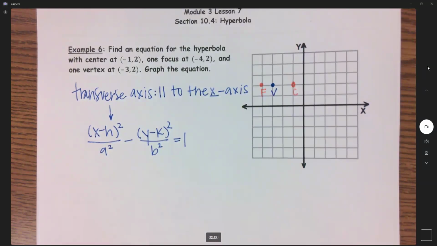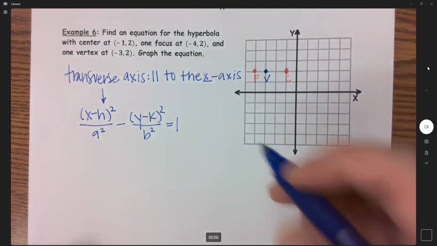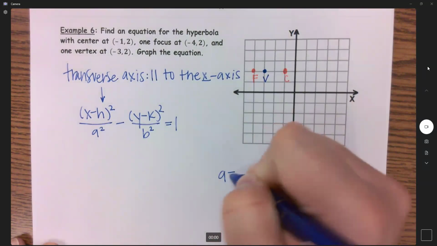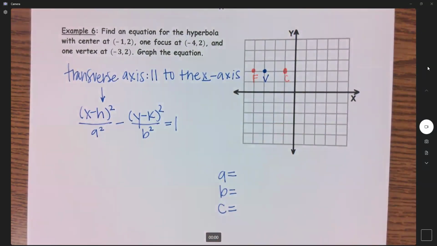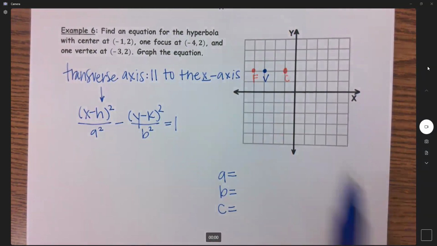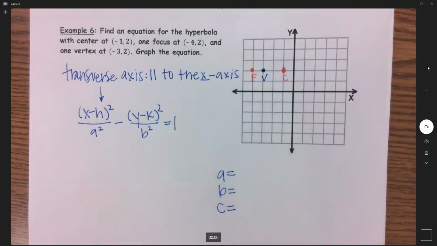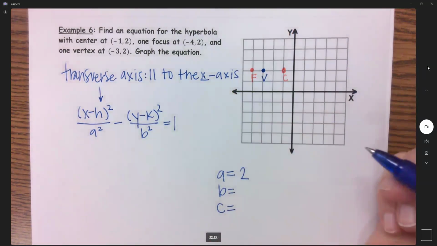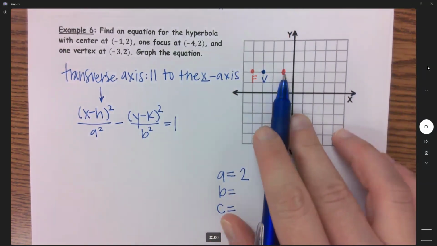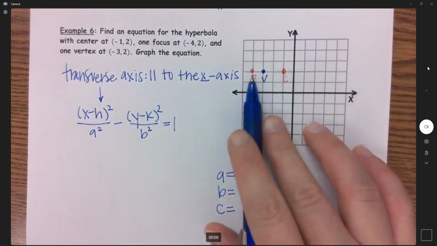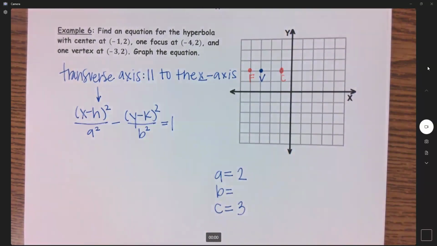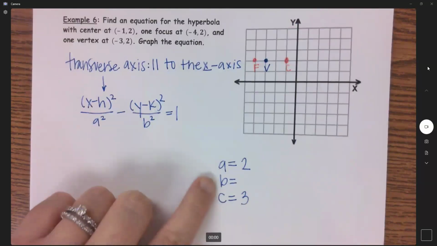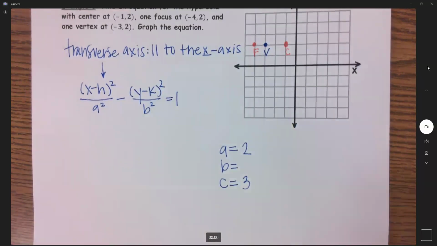So I need to find my a, b, and c. Which two of these do I have? The distance from center to vertex is 2, and that's my a. The distance from the center to the focus is my c, and that's 3. So now let's find b so I can plug that in here.